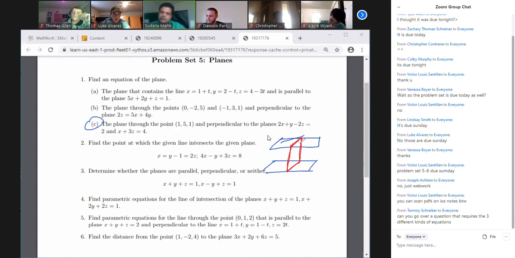So what is the direction vector or the normal vector of the first plane? 2, 1, -2, right? So I'm drawing like here, 2, 1, -2. That means our normal vector lies on this plane, what you want to find, right?